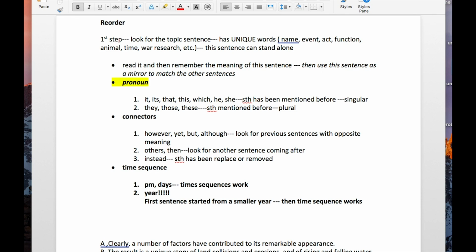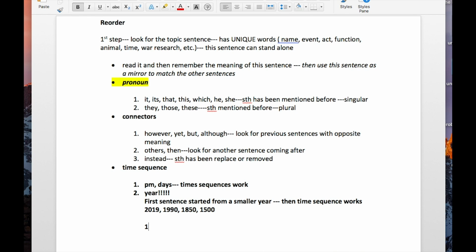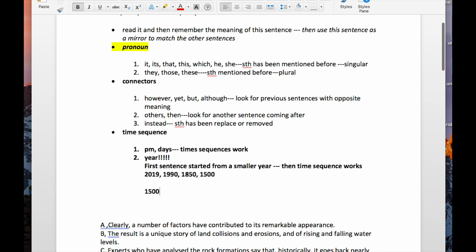For example, if you have 2019, 1990, 1850, and 1500, and your first sentence starts from 1500, then most likely your time sequence will work, and you will look for the other sentences from 1850, 1900, 1990, and 2019.